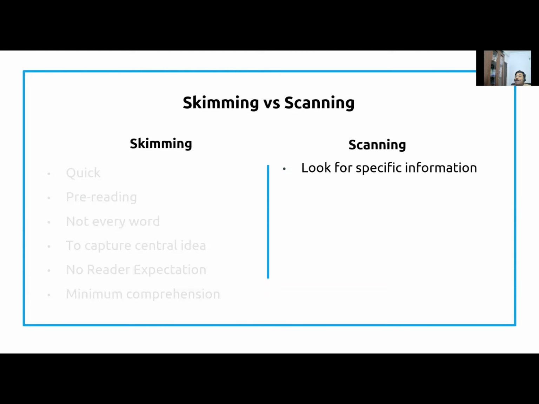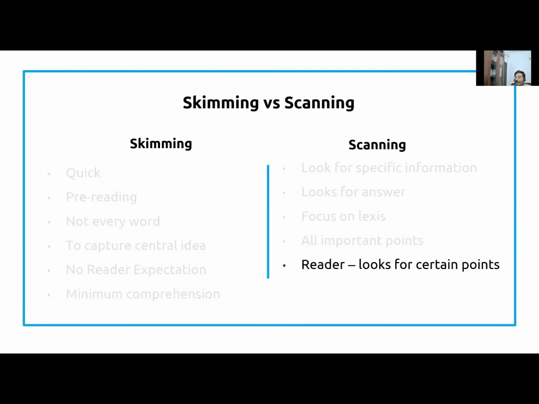Whereas in scanning, we look for specific information. We look for your keywords as in the exam answer key. We look for an answer in your sheet and focus on the lexis, how the words are arranged, how they compare with the exam key, and we look for all important points. And we have a preconceived notion; we have been looking for the key in your answer sheet.